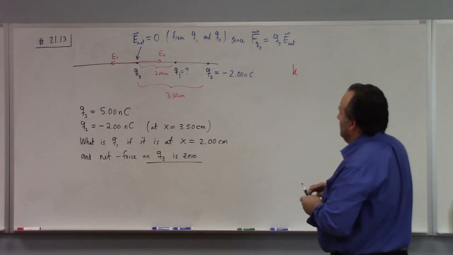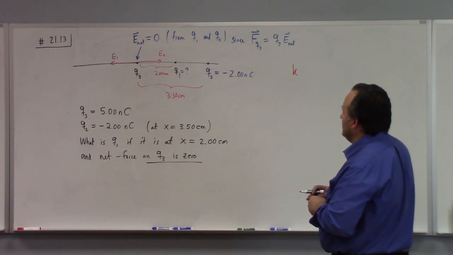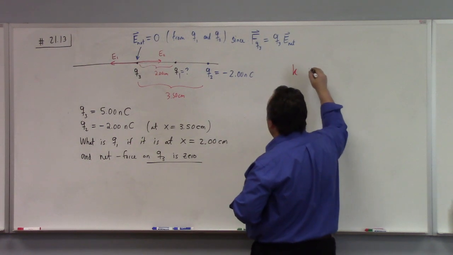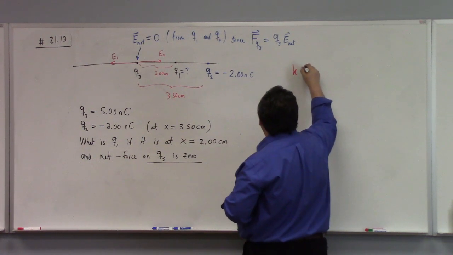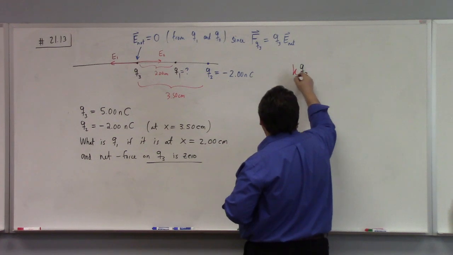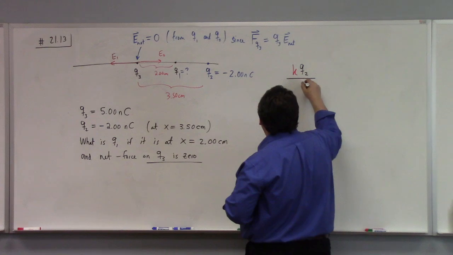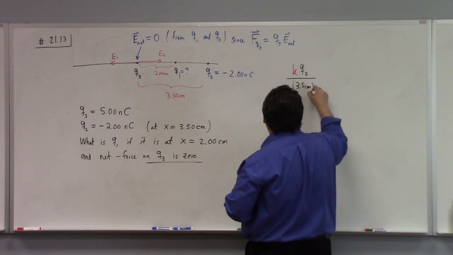So what's the formula for E2? E2 should be K Q2 divided by the length, which is just 3.5, squared. So 3.5 centimeters squared.